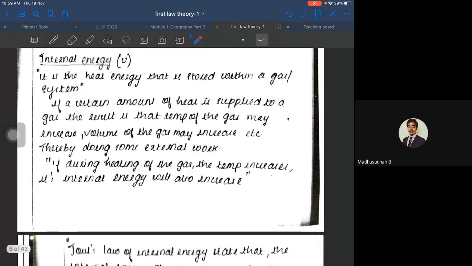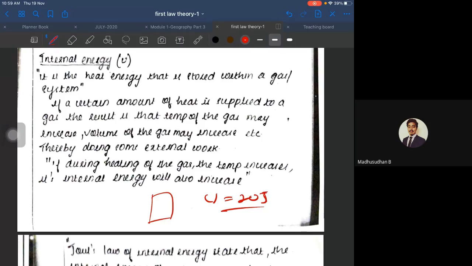And remember, there is a strange thing about the internal energy. Suppose there is a system, just take the pen, and it has a specific internal energy of 20 joules. If I change the pressure, the internal energy will not change.